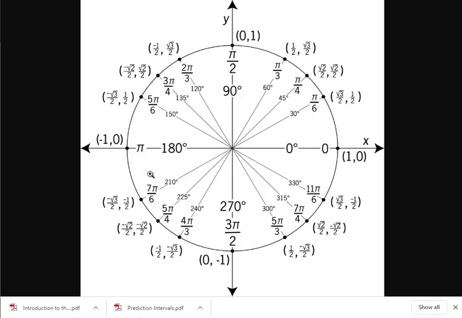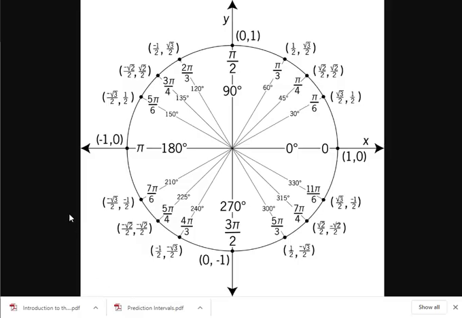Now it's not asking us what radian 225 is, it's asking what is the cosine of 225, and the answer will never be the radian. It's going to be one of these 2 points. Cosine is the x value, so the cosine of 225 would be the x value at that angle, which is negative square root of 2 over 2, and that is the answer. You simply look up the x value on the unit circle, and there you go.